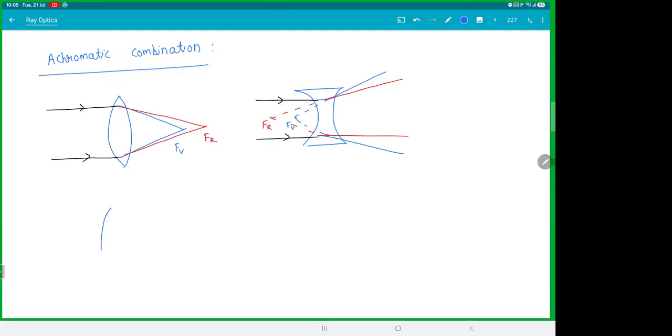Now, if I combine both of them in such a way, now see what is happening. This biconvex is pushing the red more forward. This biconcave is pushing the red backward. If I combine these two in such a way, that gets cancelled out exactly. Now, when you send a light ray, everything will meet at one single point.